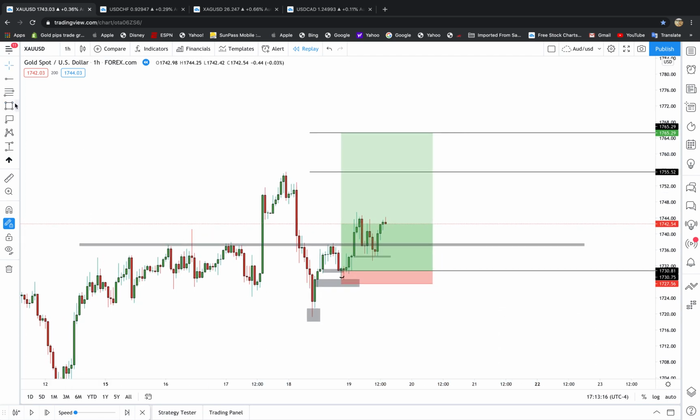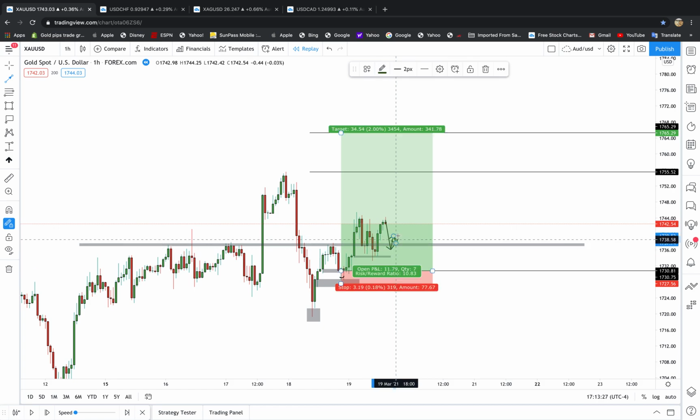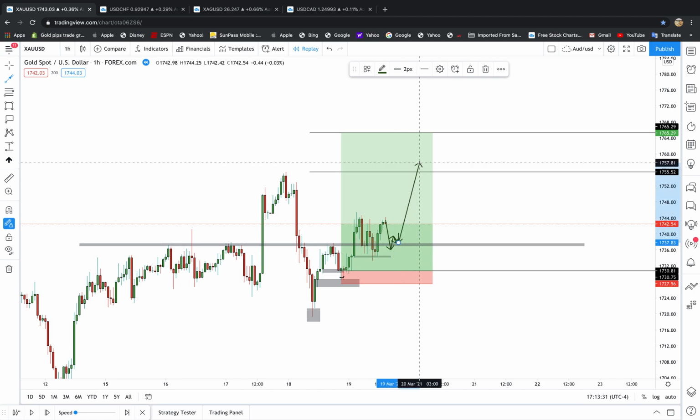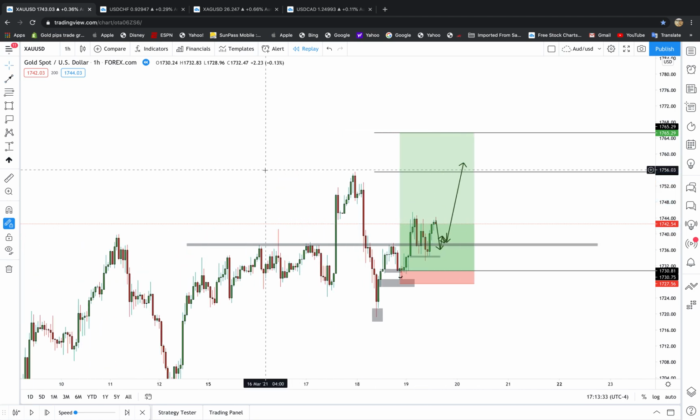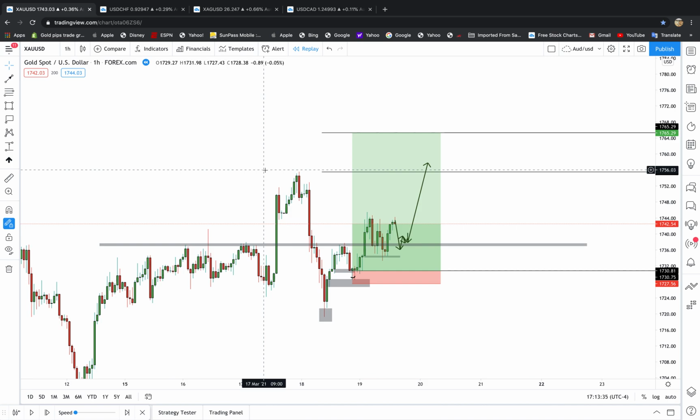So it's possible we come down here next week, kind of test this area, wick down here maybe, play around this area, and then ultimately I believe we will continue to push up with gold.